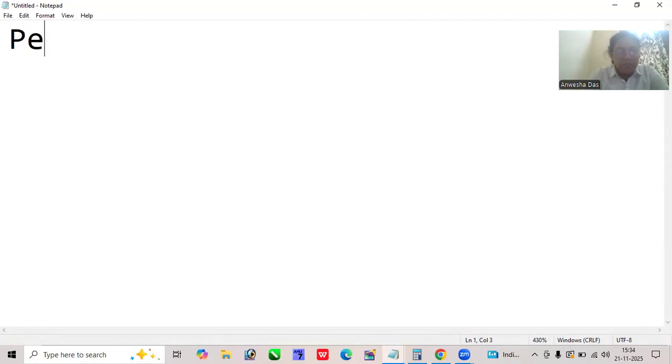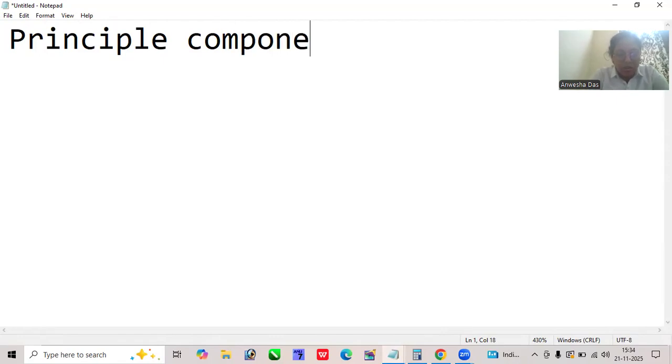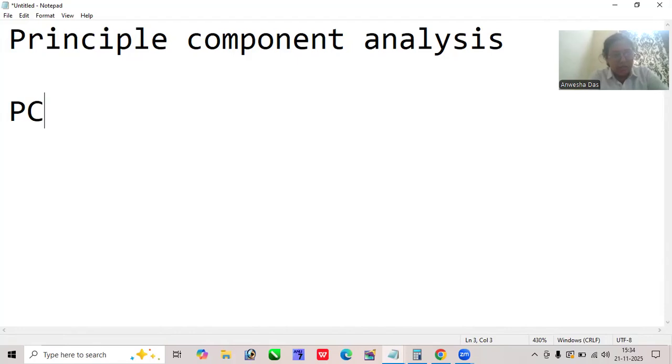Principal component analysis. So PCA is actually an unsupervised machine learning algorithm.